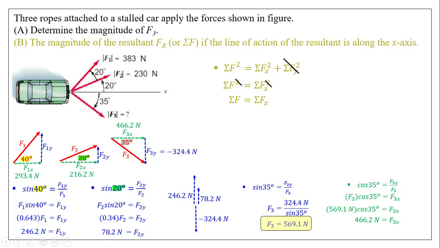So here on the screen, these values were taken from the previous slide, 293.4, 216.2, and then I just found what F3x is, which is 466.2, and if we add all that up, we'll get a value of 975.8 newtons, and it says magnitude, so I'm just going to box it as my answer. And if it doesn't say magnitude, you would say 975.8 newtons east, or positive 975.8. Okay, but magnitudes, I'll leave all the direction out.